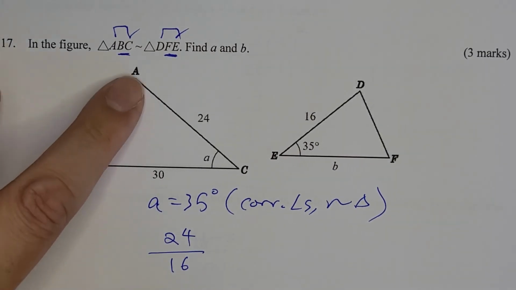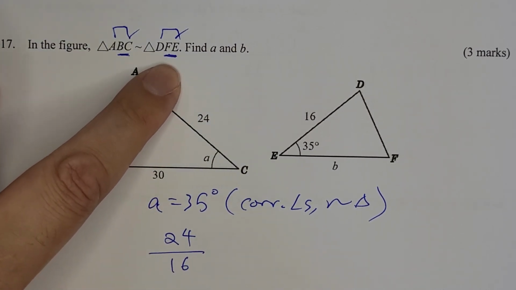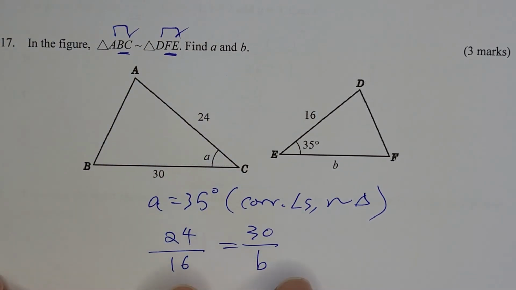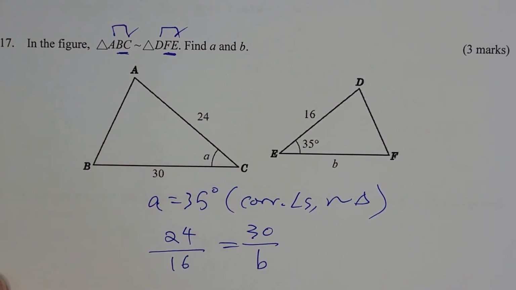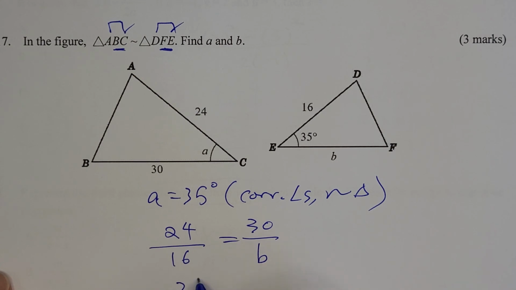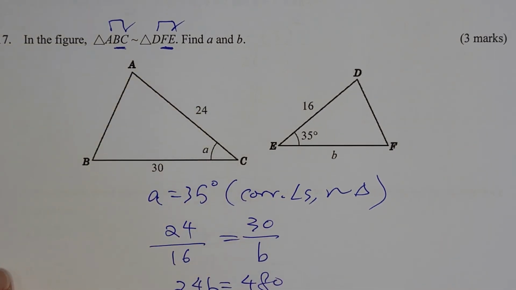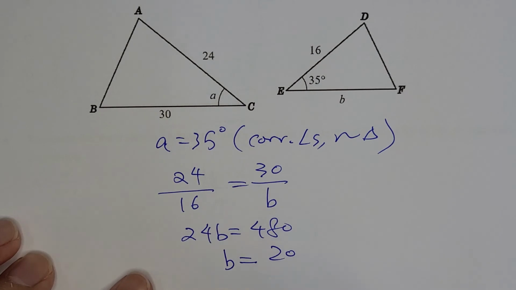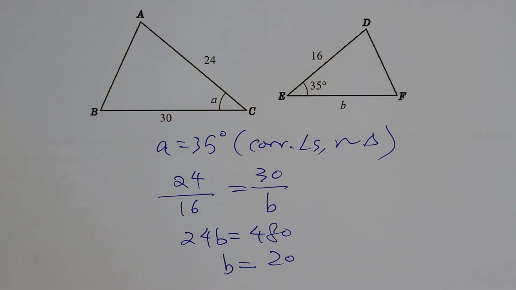And next, BC should match with FE. Therefore, 30/b is another length ratio. And these two ratios are the same. So you can solve this equation by cross multiplication, and then you can find b, that is 20. So that's the end of this question, and also the end of this paper. Thank you.